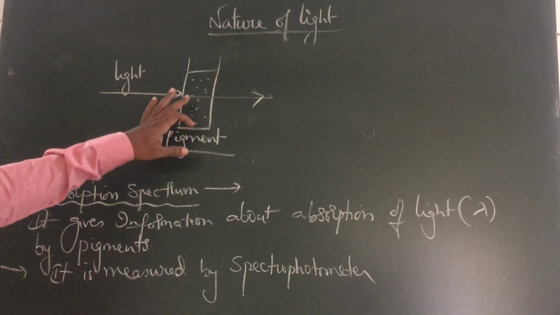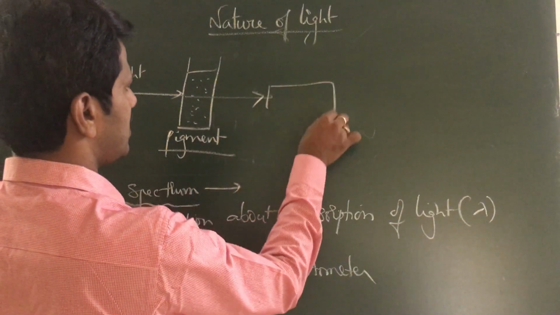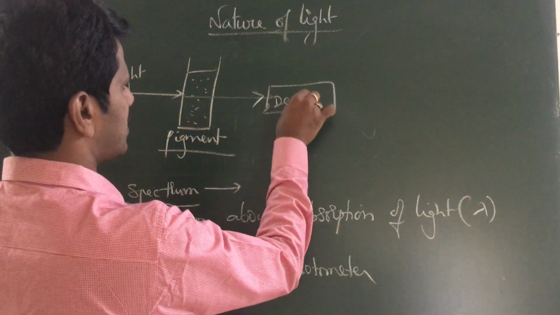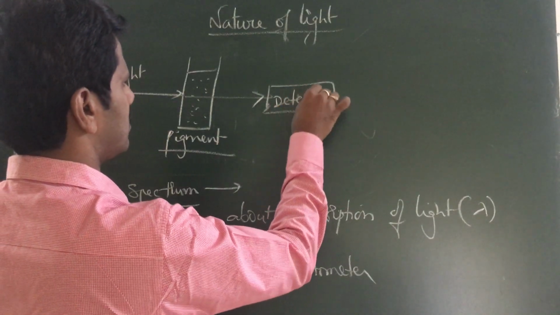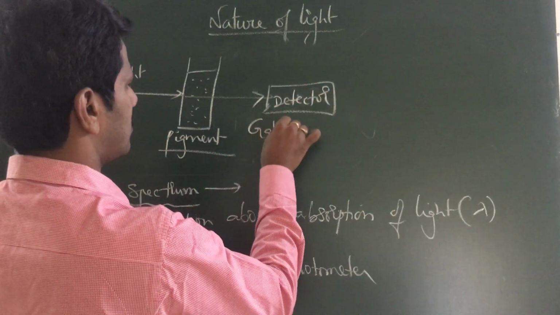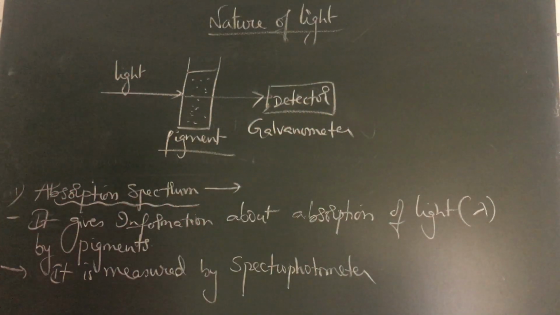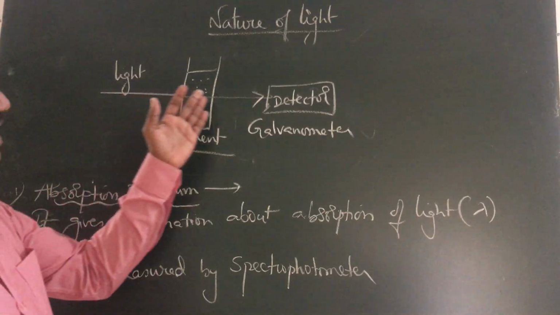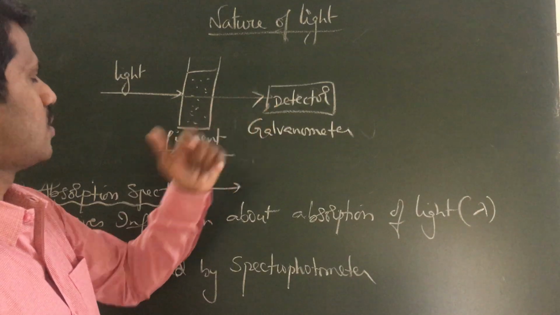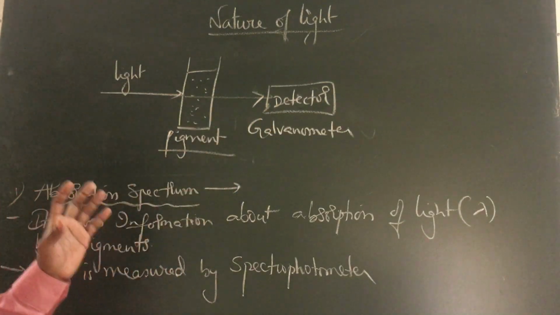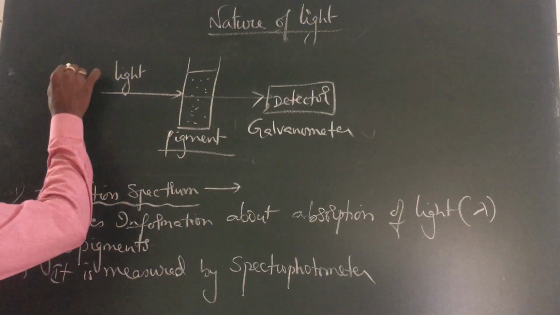Some of the light is absorbed, and what comes out is detected by a detector called a galvanometer. The galvanometer detects the amount of light absorbed by the pigments and the amount of light which comes out, so you can know the initial amount of light.